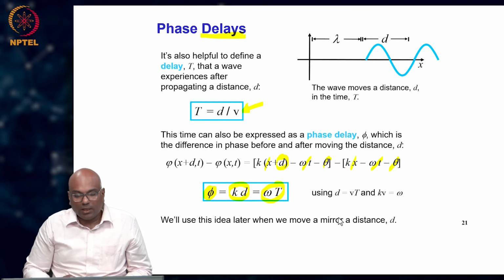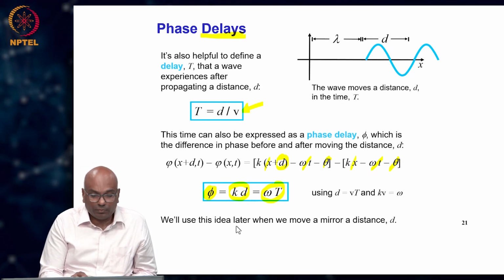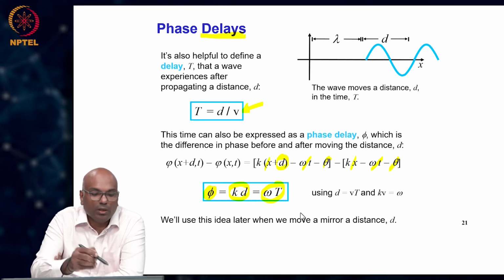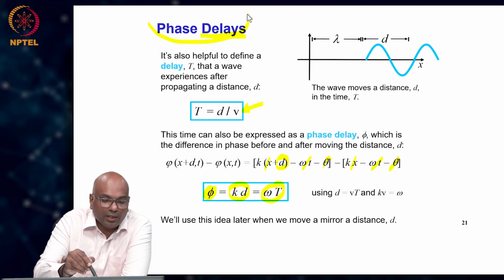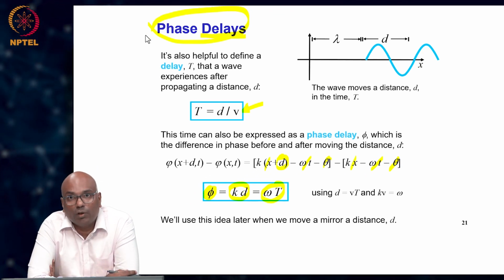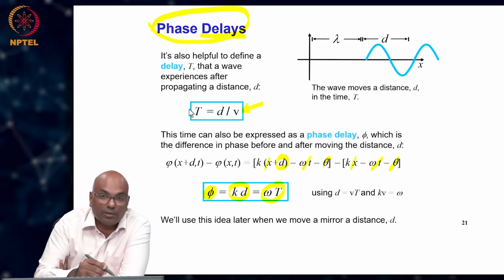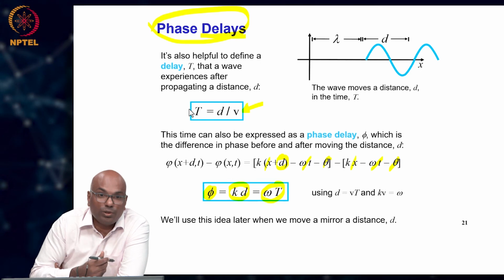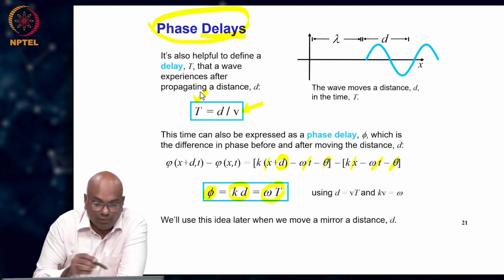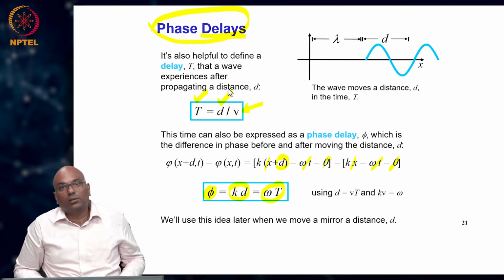This is something we will use later in the context of interferometers, interferometry, and so forth. But the concept of a phase delay is very much an important facet of optics. We can see that this is associated with two other notions or concepts: one is a time delay, as well as a spatial offset, which is d.